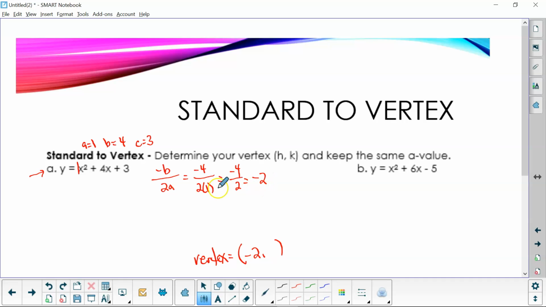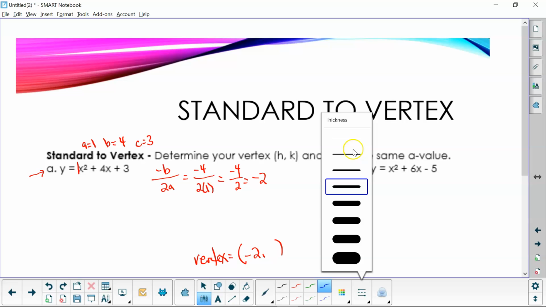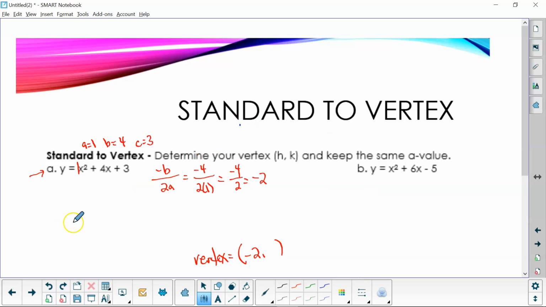So I'm going to take the negative 2 and plug it in for x and see what my y value would be.